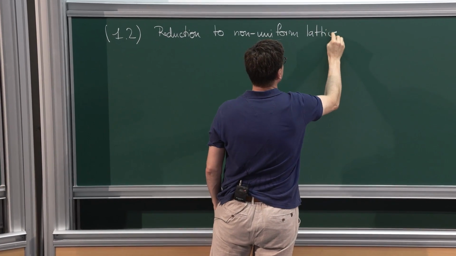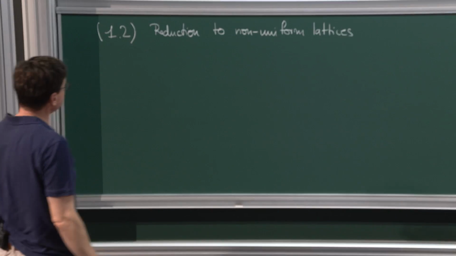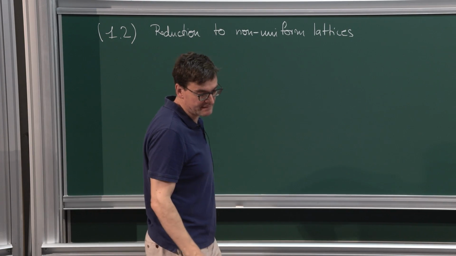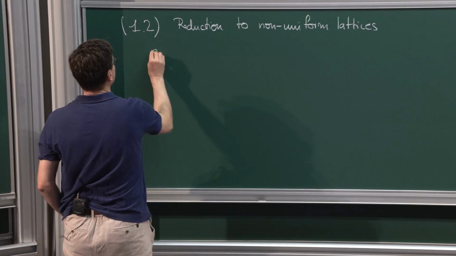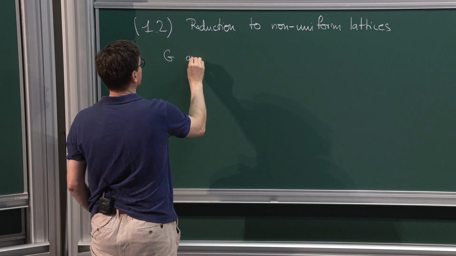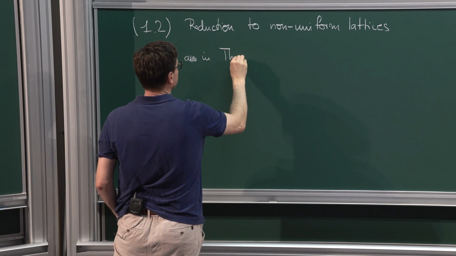So somehow the uniform case is easily handled now, but let's discuss it another way. So let G be as in theorem A from now on.